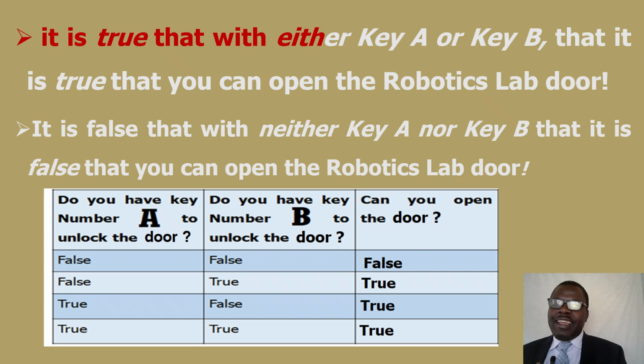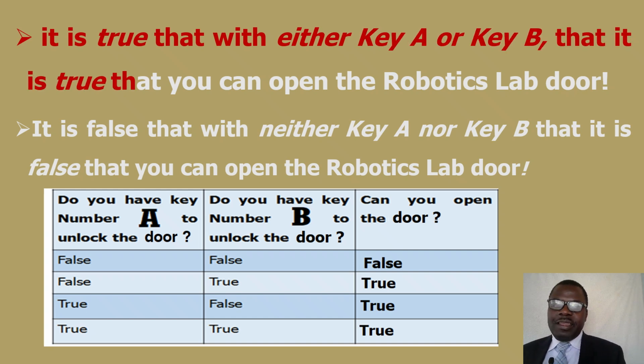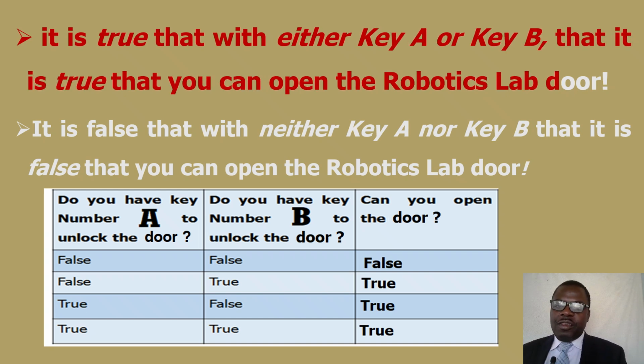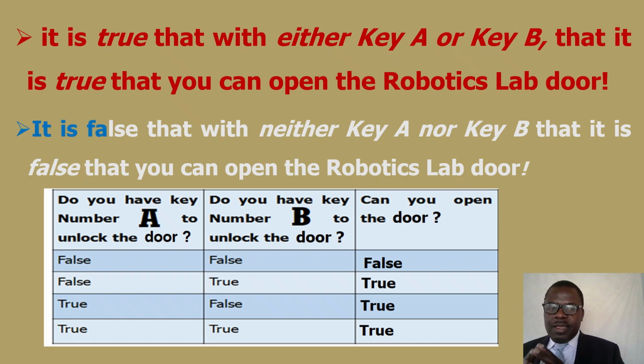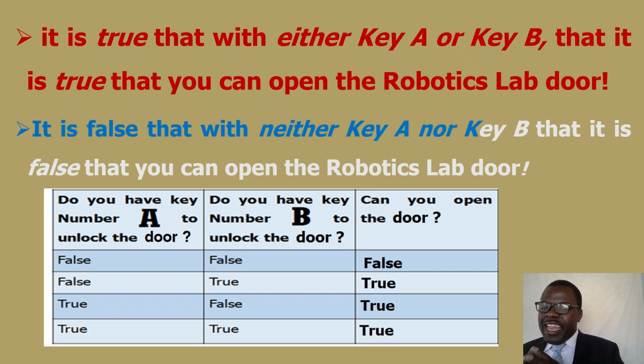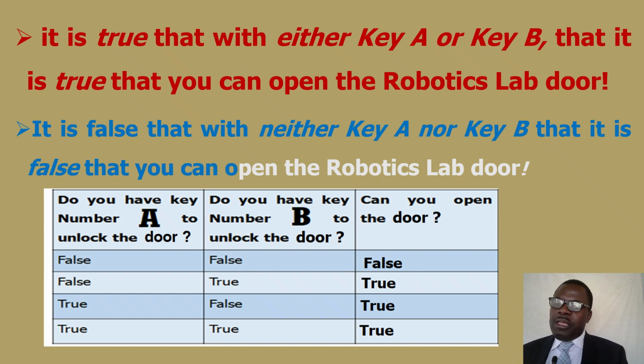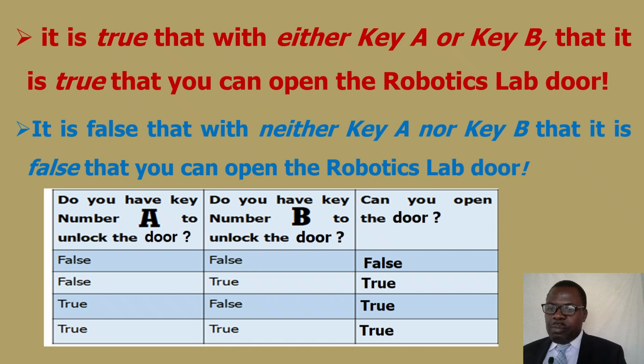It is true that either key A or key B can open the robotics lab. It is false that with neither key A nor key B, you can open the lab door.